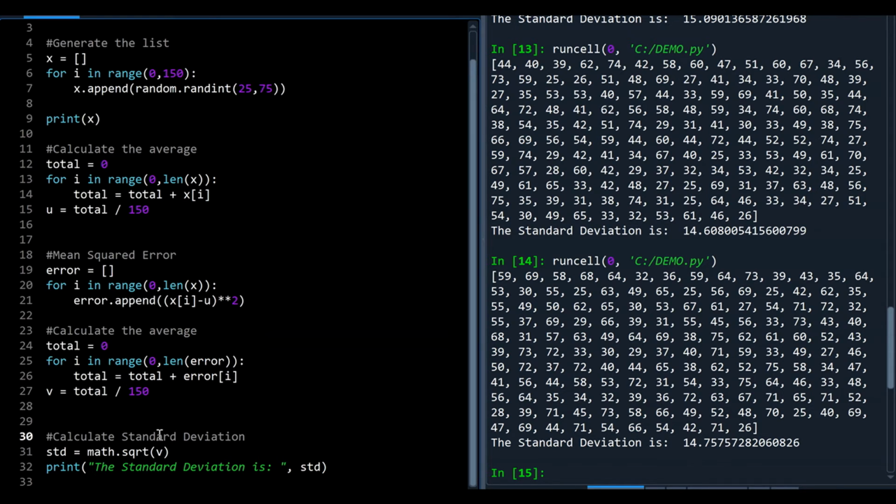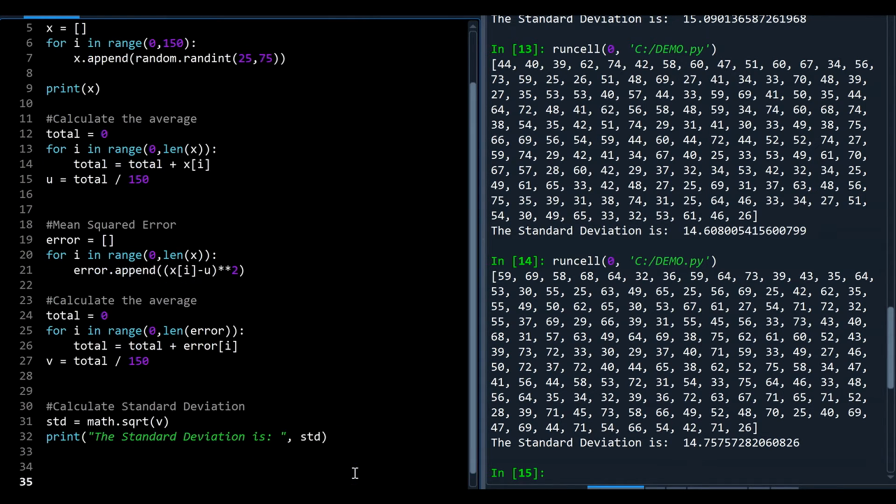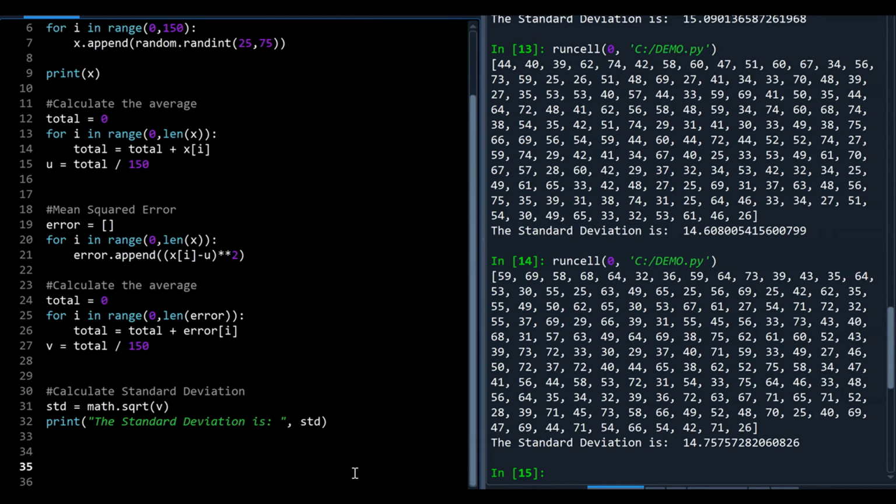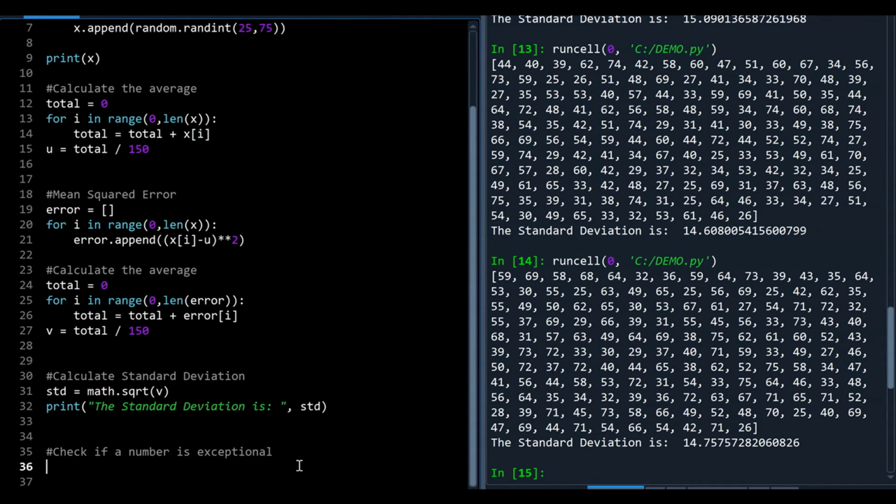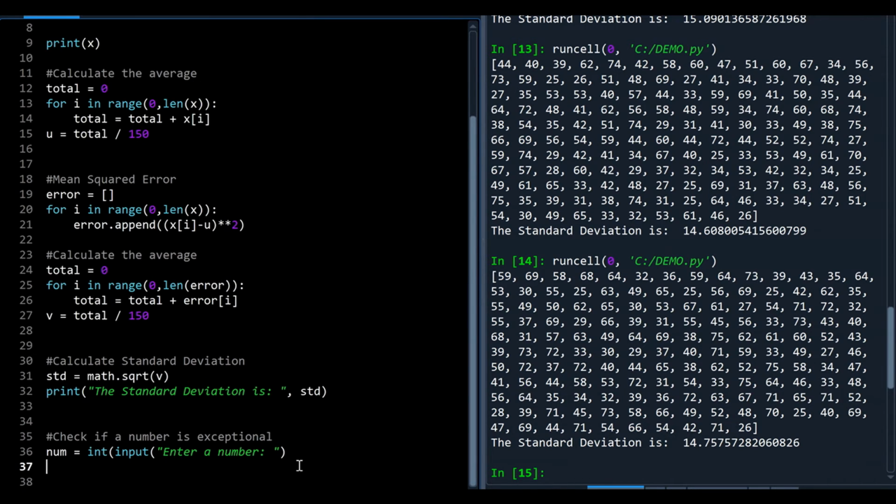Let's finish this comment here. Okay. So we need to check if a number is exceptional. So we've got to get that number from the keyboard. Okay, and so what I can do is, there's a high and a low range, right?